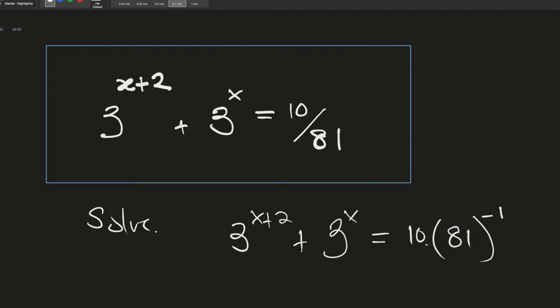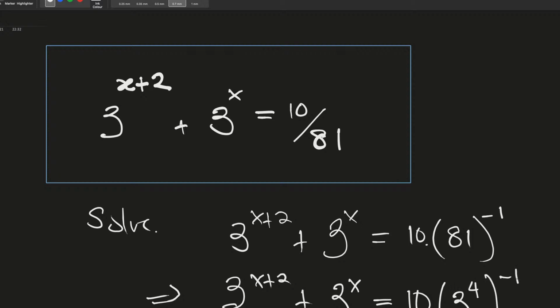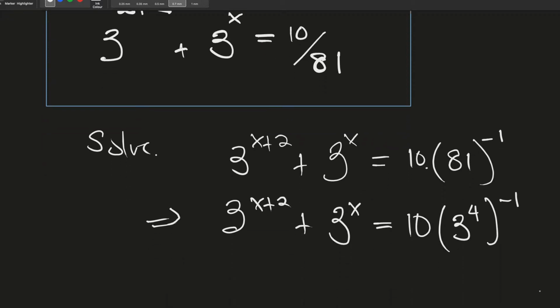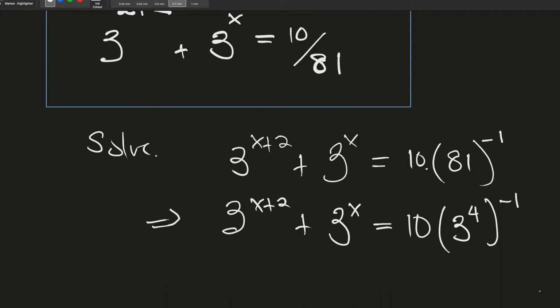But we can look at it from this perspective. We know for sure that this can be broken down again as 3 raised to the power x plus 2 plus 3 raised to the power x is equal to 10 times, and when we break 81, we get 3 raised to the power 4 multiplied by -1. Friends, it's becoming so interesting.